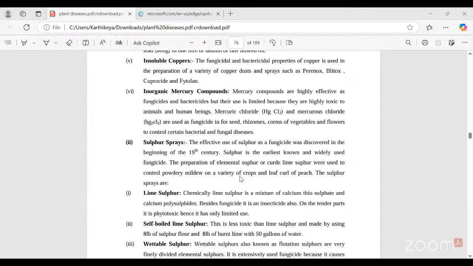Mercuric chloride and mercurous chloride are used as fungicides for seeds, rhizomes, corms, vegetables, and flowers to control certain bacterial and fungal diseases.